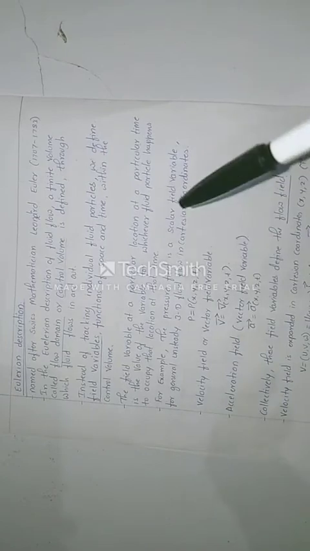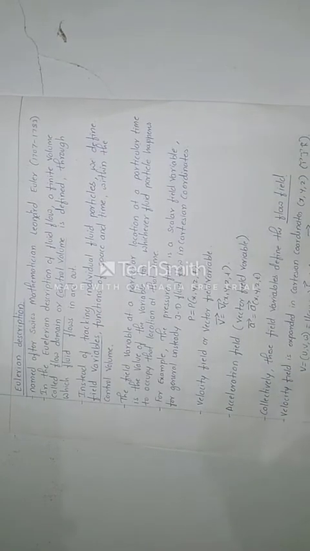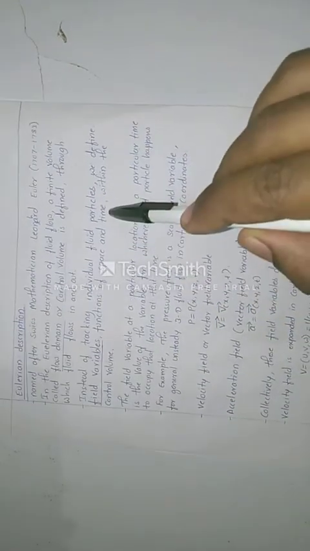So here the properties we call field variables. These field variables are functions of space and time. In my discussion I am going to consider a Cartesian coordinate system for better understanding, and we are more familiar with this approach of Cartesian system.